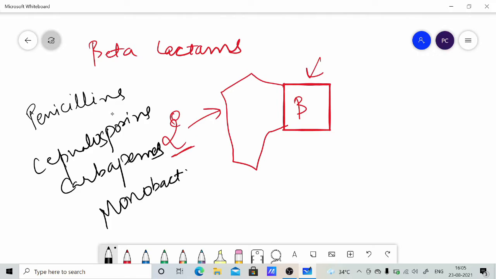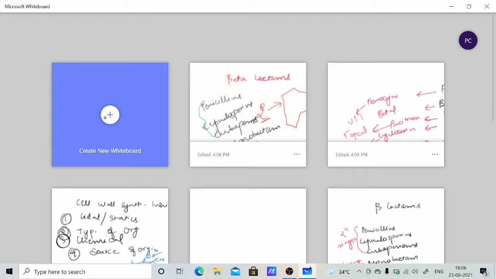The point to note here is that penicillins and cephalosporins have different secondary rings, but the monobactam has only one ring, that is the primary beta-lactam ring. That's why we call it monobactam. Right, now let's move on to penicillins.